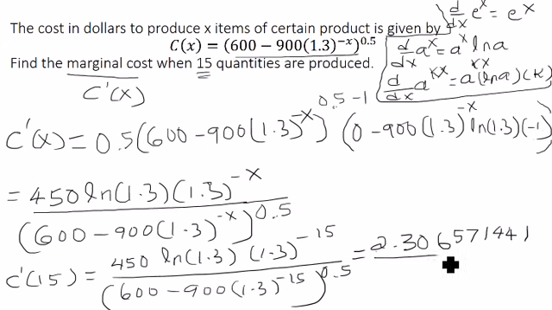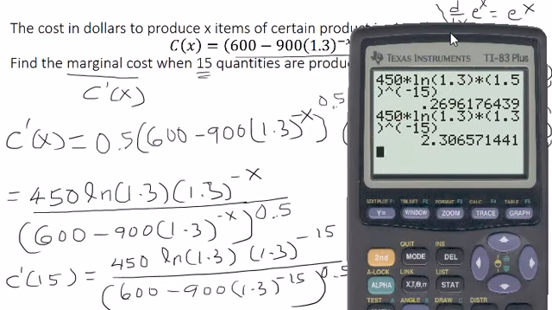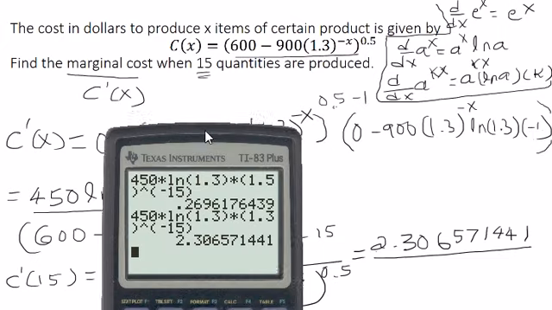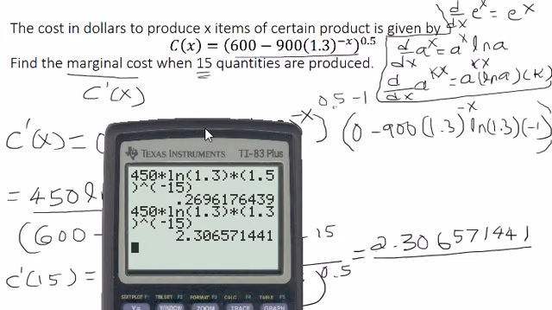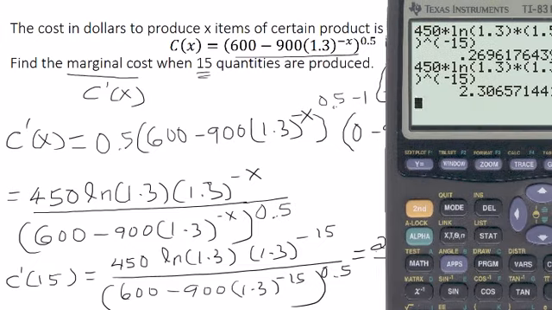Hopefully I copied that correctly. Now let's do the denominator. So the numerator is 2.306571441. Okay, good.